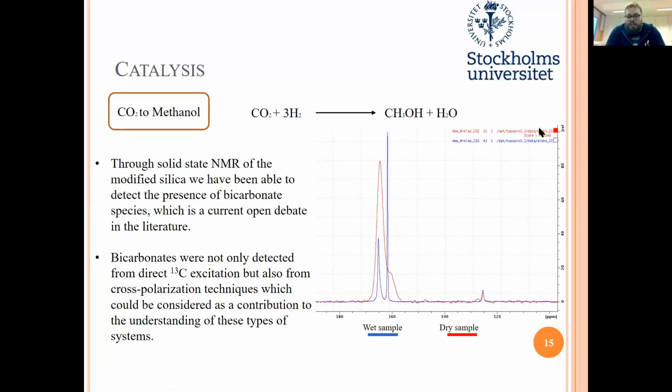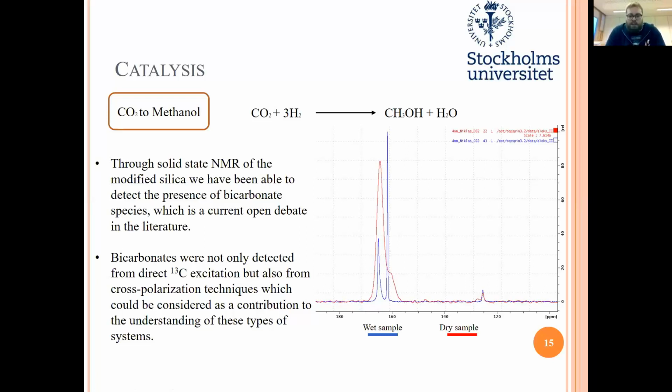What we see in this sharp peak in the wet sample that we do not see in the dry sample is the existence of what we think is a bicarbonate species. This is a currently open debate in literature. People don't know if this bicarbonate is formed during the sequestering of CO2 with these types of materials.